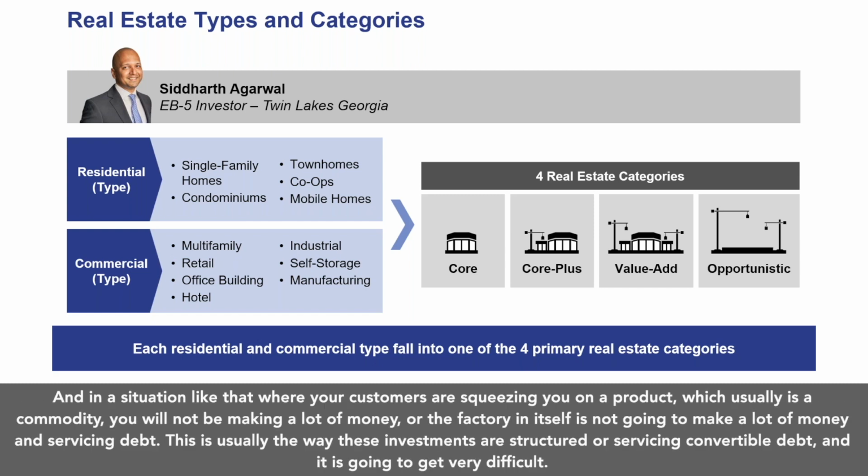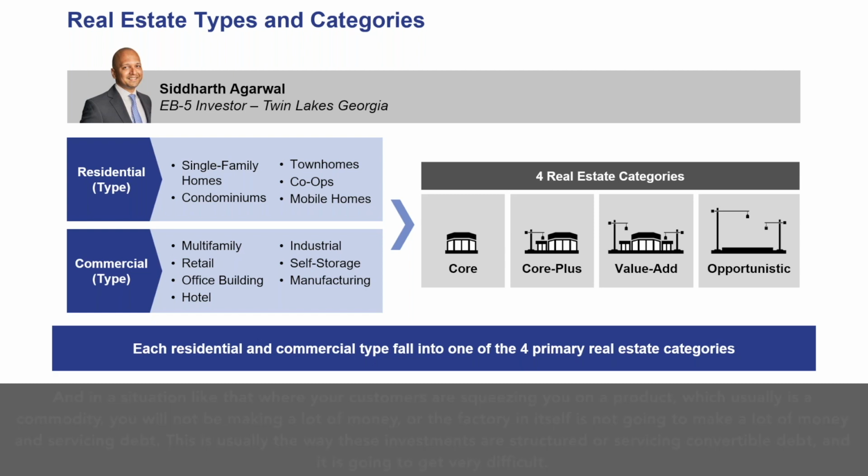And in a situation like that, where your customers are squeezing you on a product, which usually is a commodity, you will not be making a lot of money, or the factory in itself is not going to make a lot of money. And servicing debt, which is usually the way these investments are structured, or servicing convertible debt, is going to get very difficult.